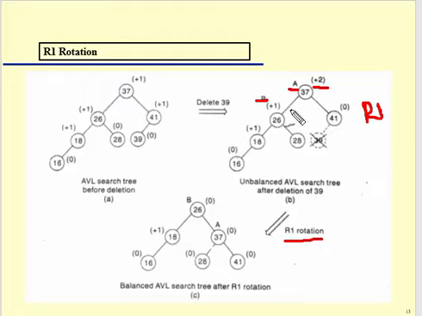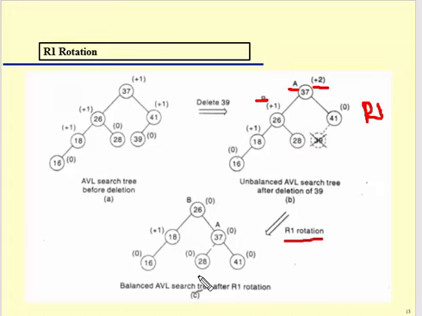What you have to do, which node is out of balance? Just find out the out of balance node and move towards the right side. So this will become the right of 26. So right of 26 is 37. Previously, whatever is the right child of 26, that will become the left child.